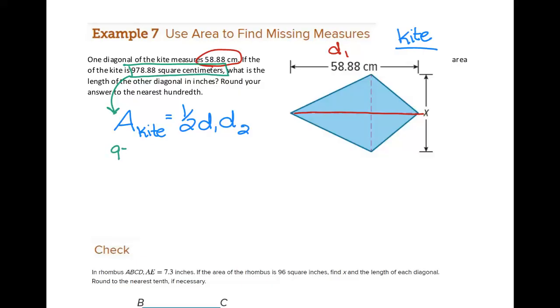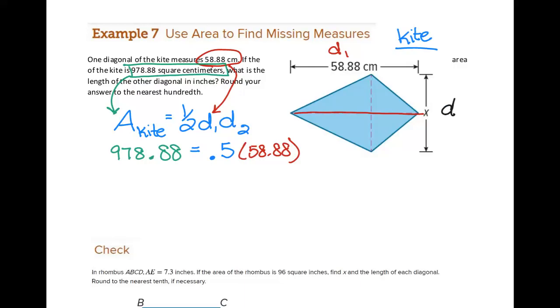So 978.88, that's the whole amount, is equal to 1/2, which I'm going to take as 0.5, times diagonal 1. Diagonal 1 is 58.88 times diagonal 2.